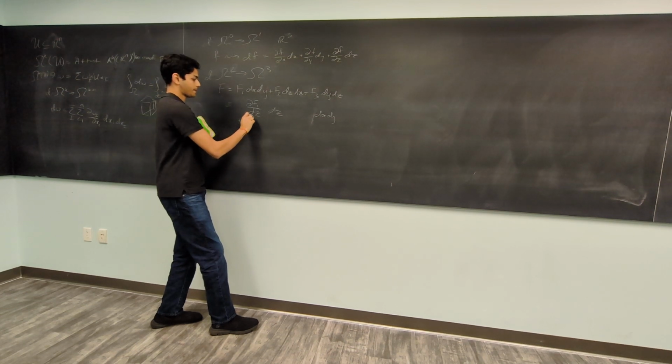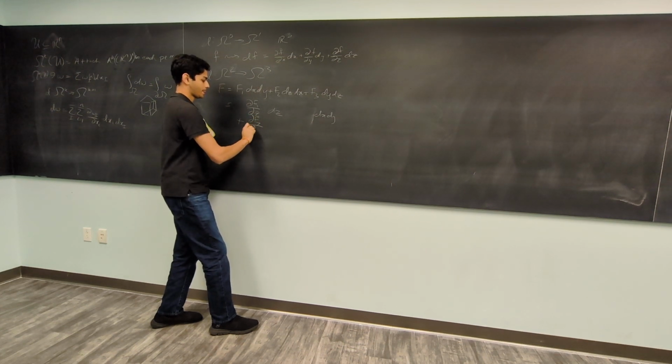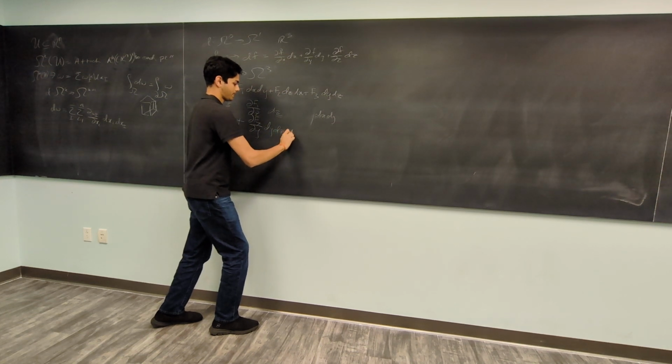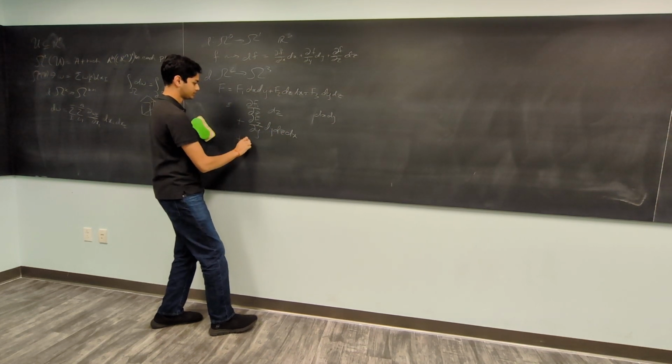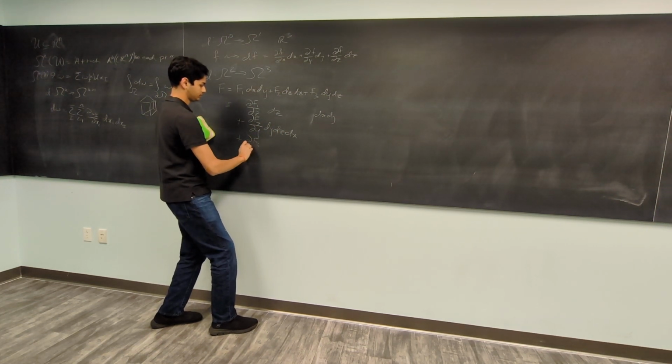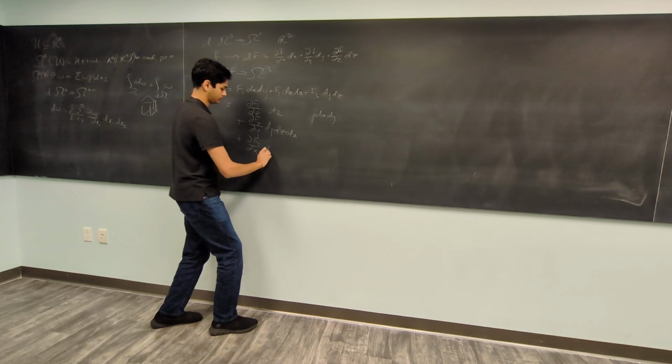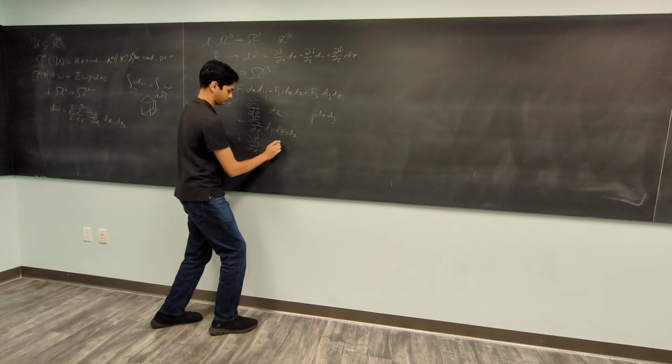Partial f2 partial y dy dz dx. And the third one? Partial f3 partial x dx dy dz, sorry.